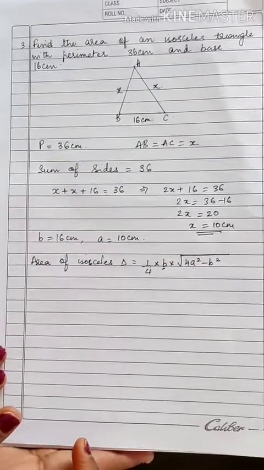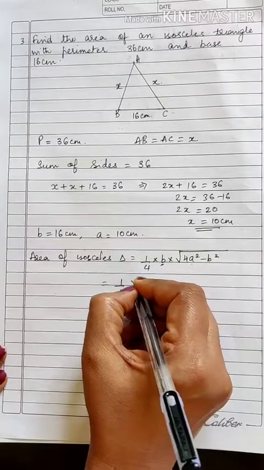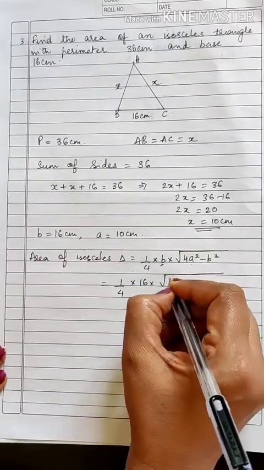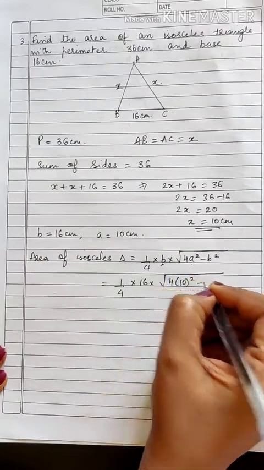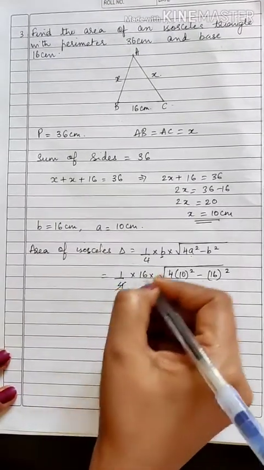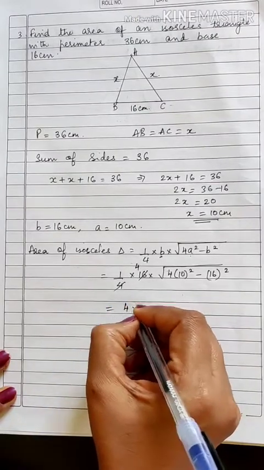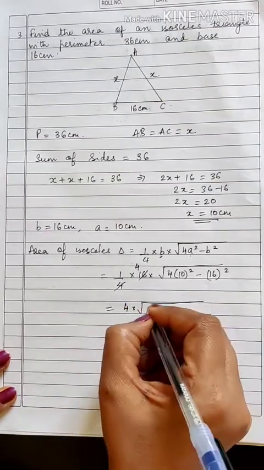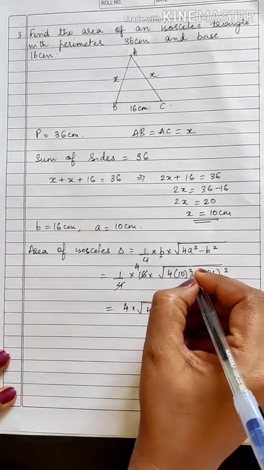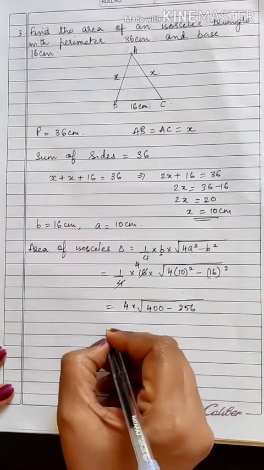Now substituting these values in the formula, you will get 1 by 4 into 16 into root over of 4 into 10 square minus 16 square, and this will give you 4 into root over of 400 minus 256. 10 square is 100, 4 into 100 is 400, and 16 square is 256.